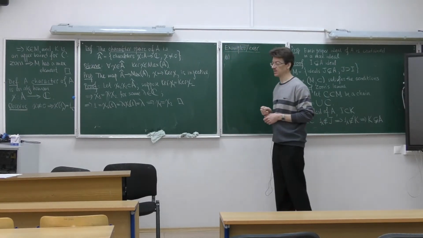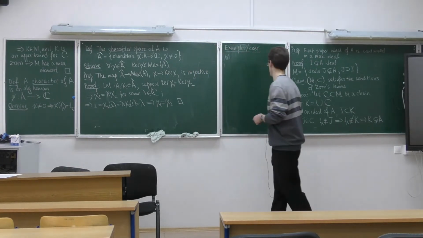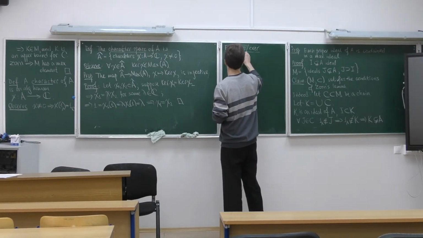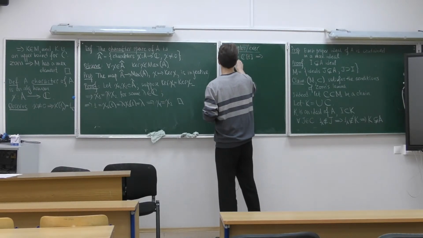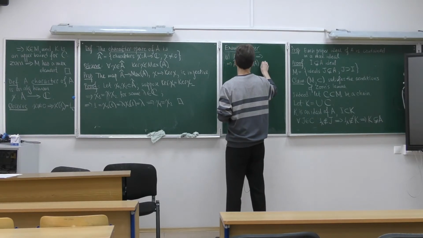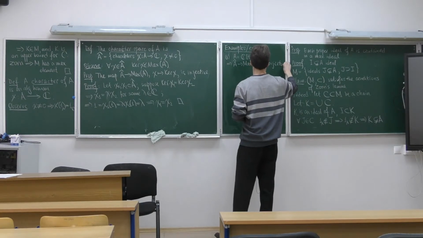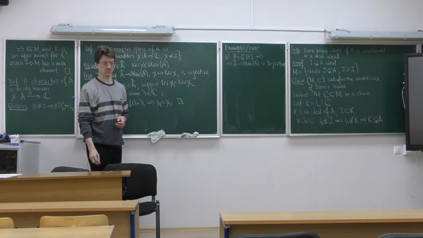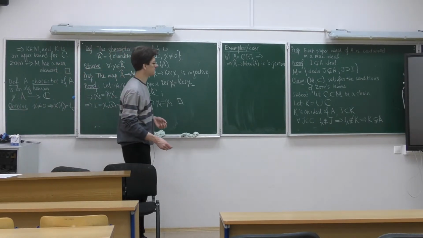For example, if you take the polynomial algebra in one variable, C[t], then our map is bijective. And in fact, the same result holds for any finitely generated algebra.